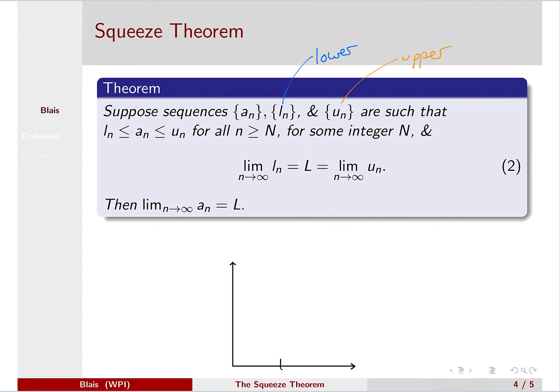The way we can think of this is, here's n, and suppose our lower sequence is looking like this, and let's set our limit. So this is our limit L. Our lower sequence has this limit of L as n goes to infinity, but our upper sequence also has that same limit.